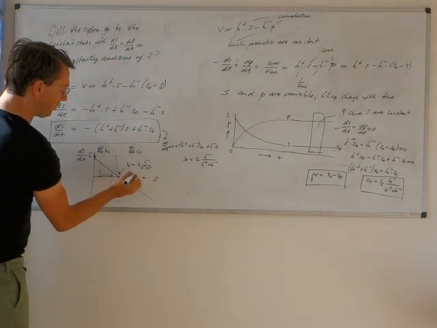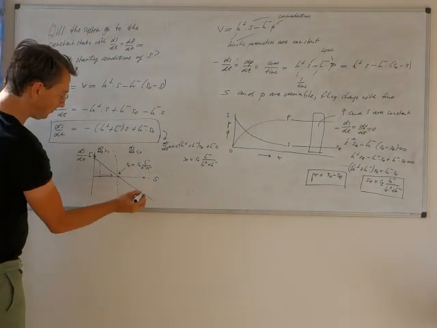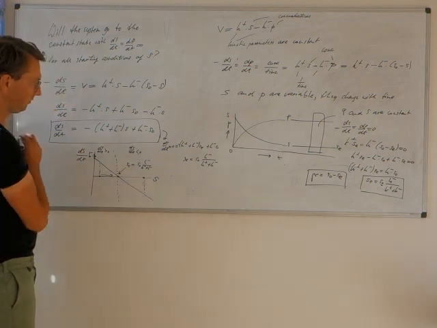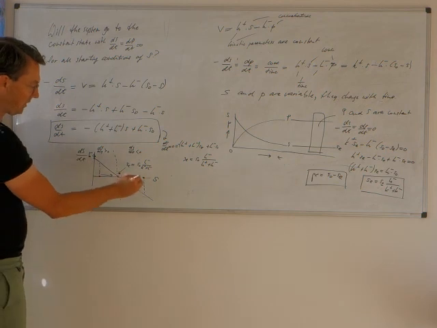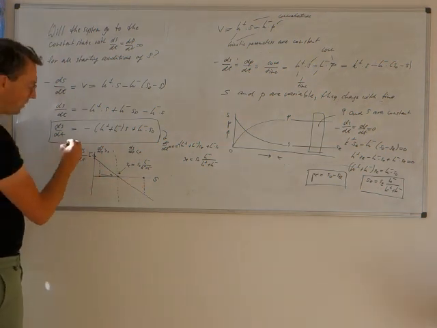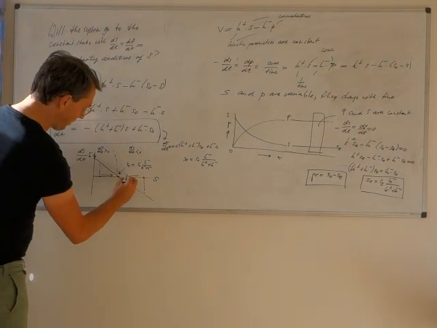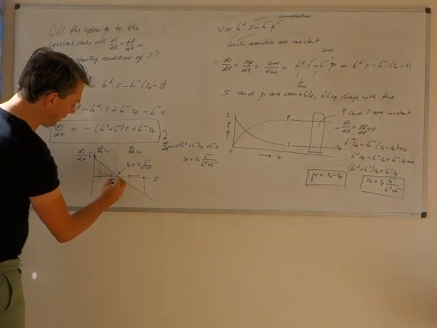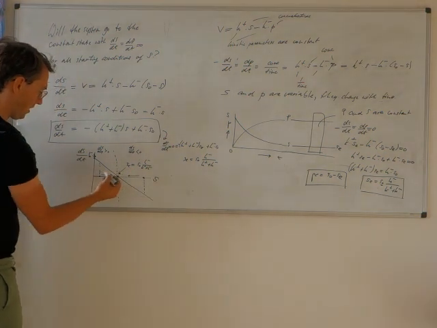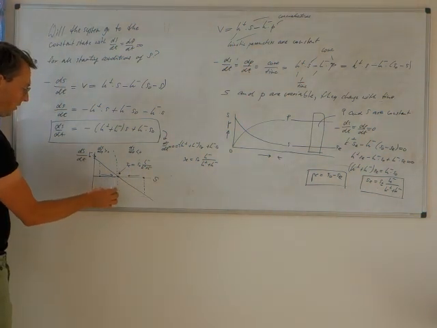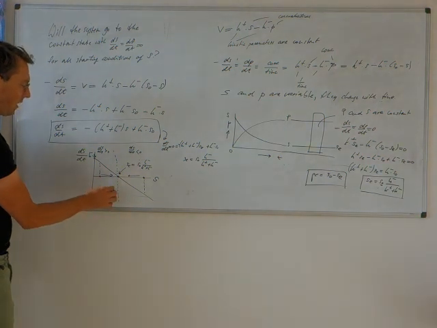If I take a concentration of S here, then I know that the concentration of S will go down because the SDT is negative. So for all values of S greater than SE it will go down, and for all values of S smaller than SE the concentration of S will go up.